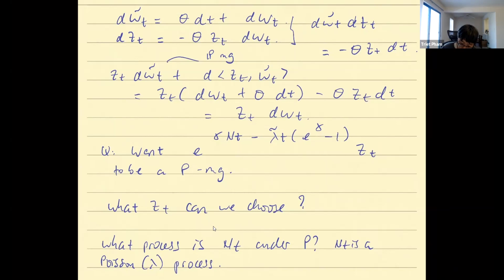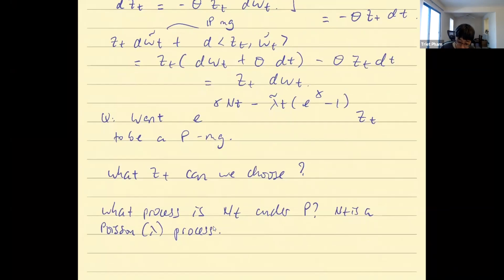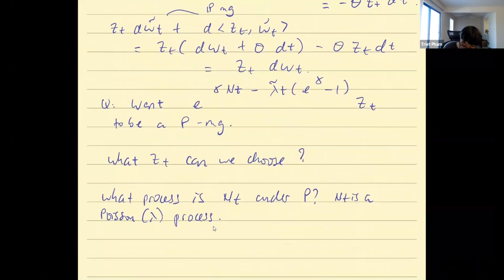So basically, you know what you expect. That means you expect e to the gamma Nt minus lambda tilde t (e to the gamma minus 1) times Zt to be e to the gamma Nt minus lambda t (e to the gamma minus 1).